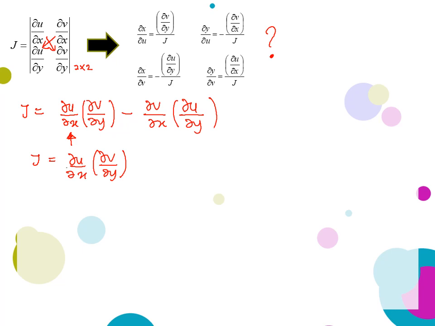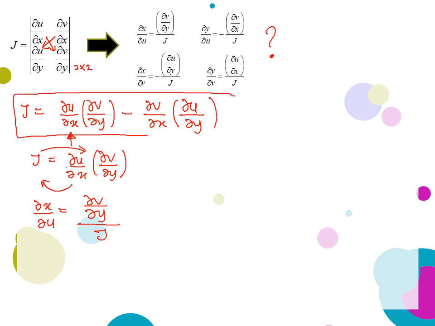Here you will swap the position: del u del x, you take it to the left hand side, that will become del x del u, and J, take it to the right hand side so that it will become del y over the Jacobian.